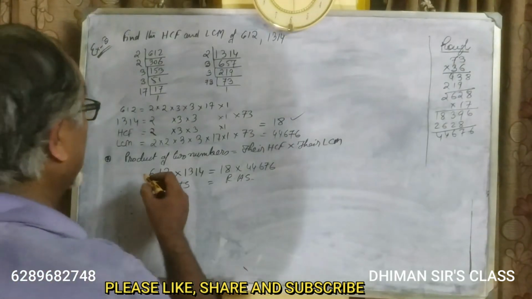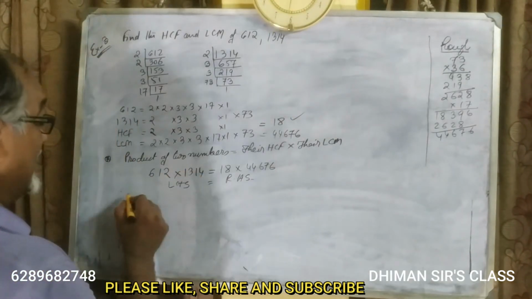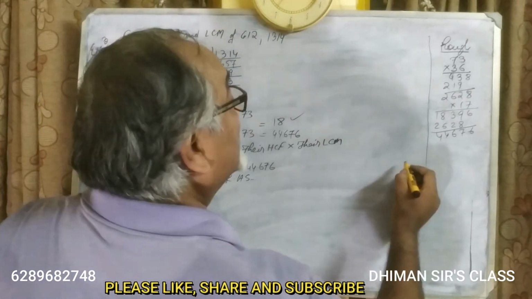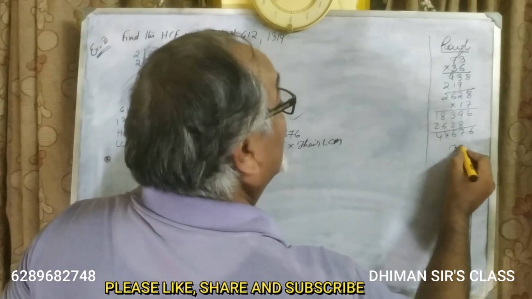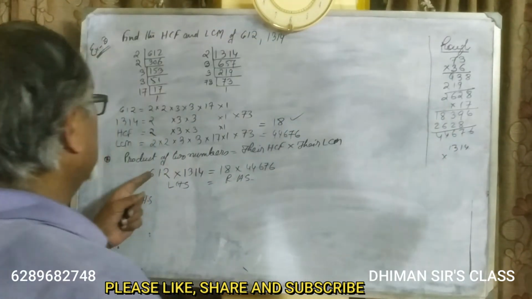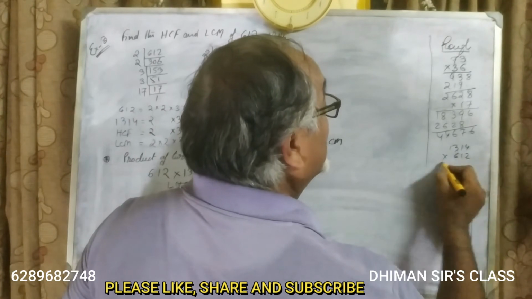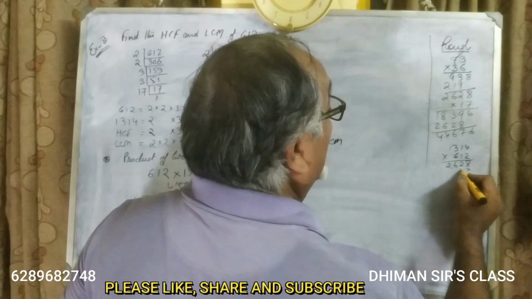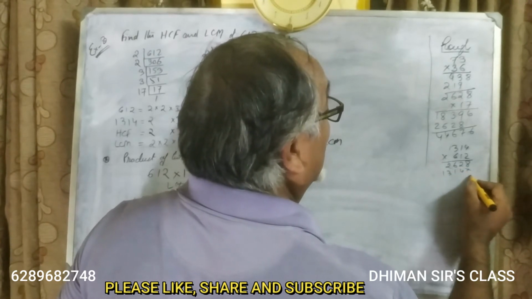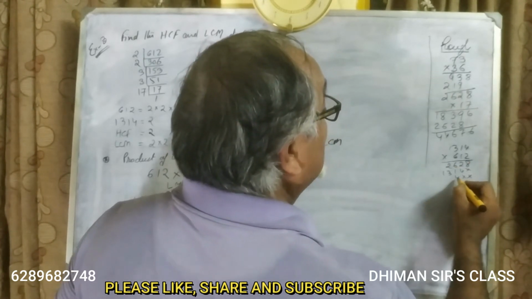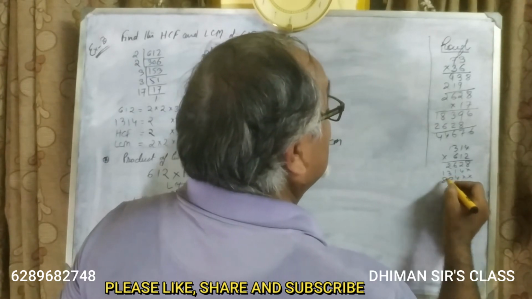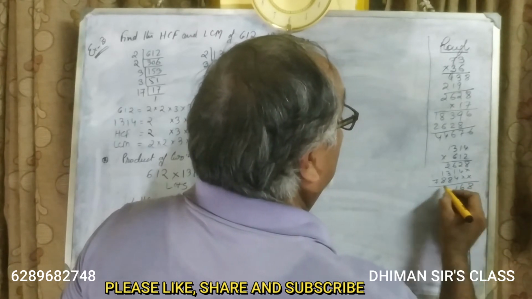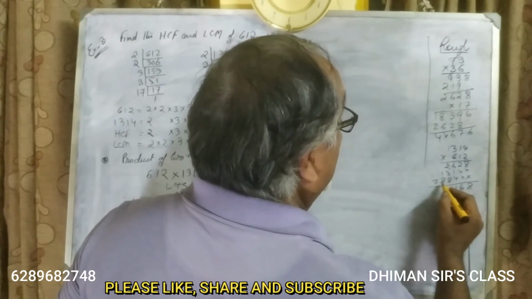So now let us see whether it is correct or not. LHS. So LHS means 1314 into 612. 2 4s are 8, 2 1s are 2, 2 3s are 6, 2 1s are 2. 6 4s are 24, 6 1s are 6, 7, 8. 6 3s are 18, carry 1, 6 1s are 7. 8, 6, 11, 14, 9 plus 1, 10, 8.